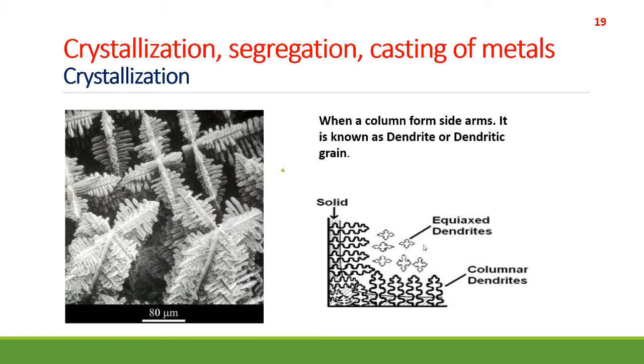If you see this picture, at this position the solidification has started, and these are non-dendritic equiaxed grains. Then the solidification proceeds. Here these are columnar dendrites, and at the center these are equiaxed grains, but they are dendrites. They have some arms.